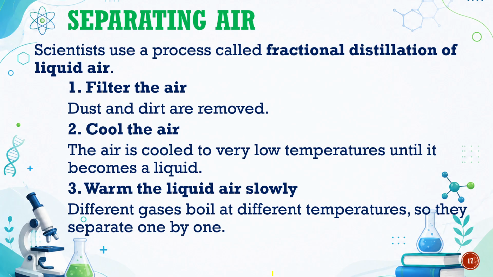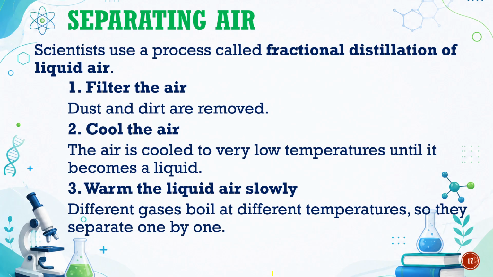Now, once we get the liquid air, the third and last step is that this liquid air is warmed again, meaning heat is added to the liquid air, and that results in separating out the gases. How does heating the liquid air separate the gases?